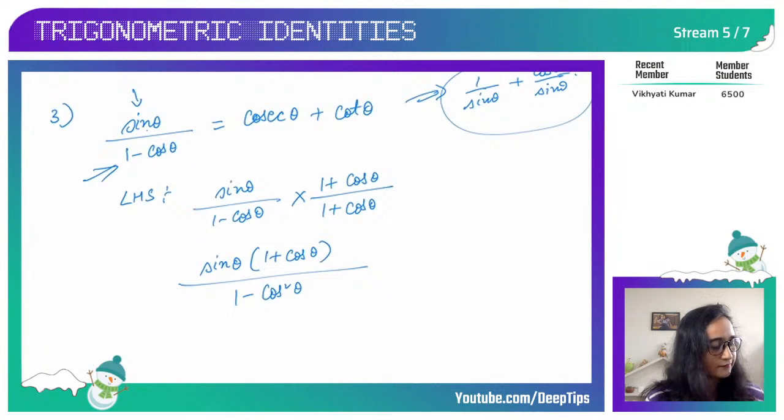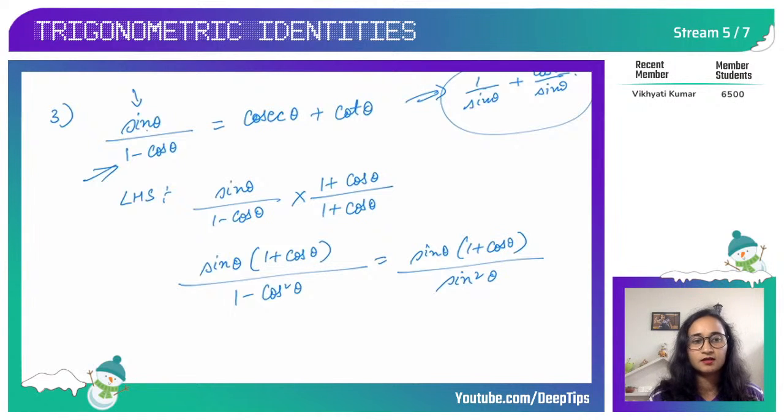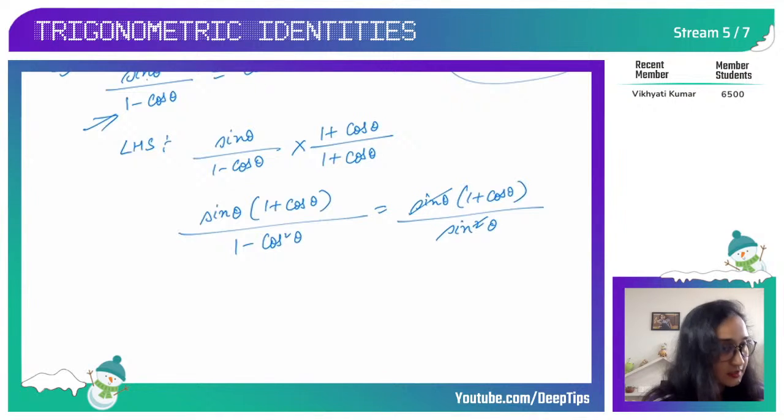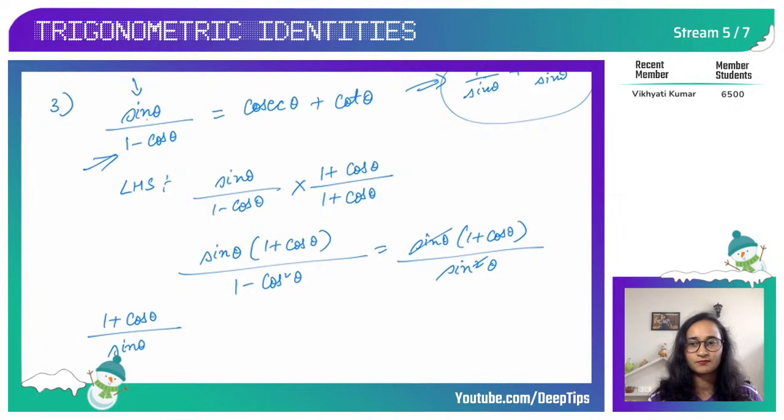But we know that 1 minus cos square theta is equal to sine square theta. So let's simplify this: sine theta into 1 plus cos theta upon sine square theta, right? So this gets cancelled and I am just left with 1 plus cos theta upon sine theta, which is still not my RHS, but I am very close to it.